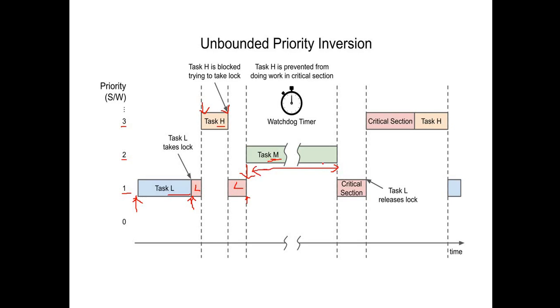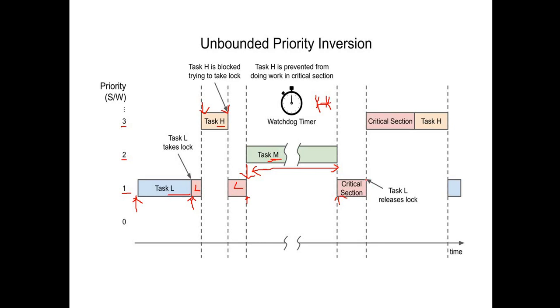Then during that time, task H is already in the waiting state. This makes an unbounded waiting of the task H. Then after task M completes, task L will continue its execution because it is holding the lock.